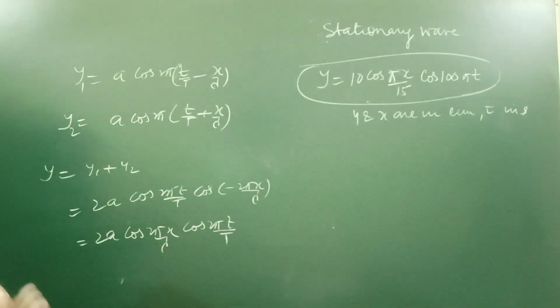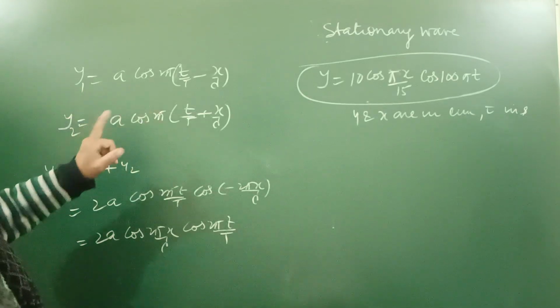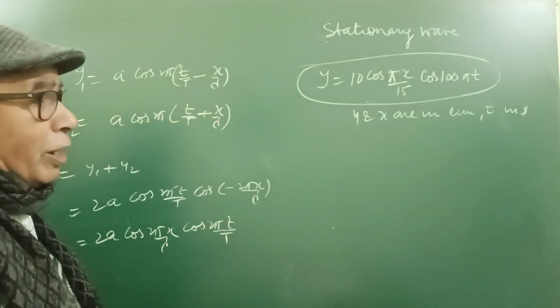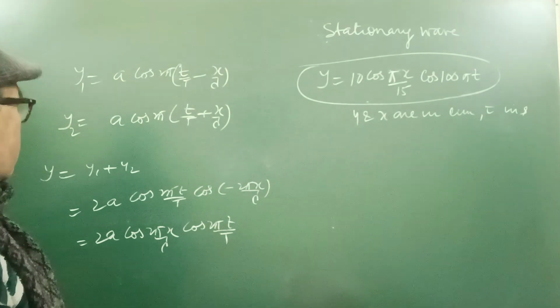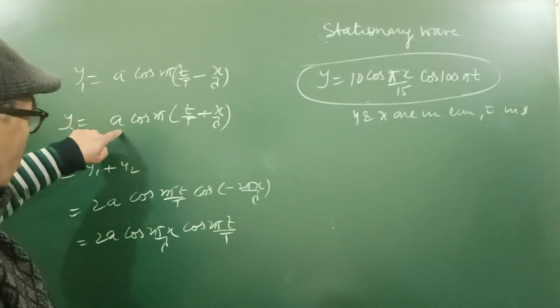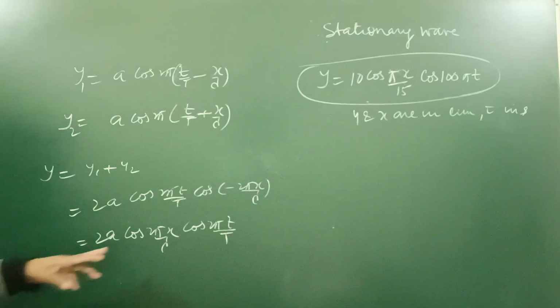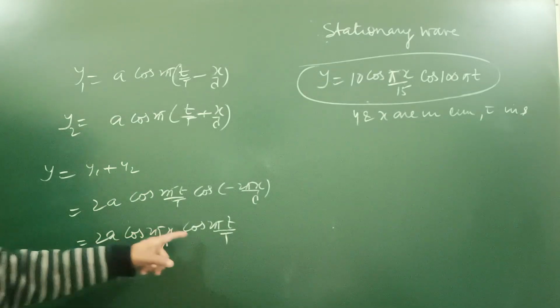I am just revising the topic taught in the last video. If the boundary were rigid, then what would be the difference? A cos (2 pi t upon T plus pi), cos 180 plus theta is again minus cos theta. Then cos C minus cos D, and the equation will come out as 2a sin 2 pi x upon lambda sin 2 pi t upon T.